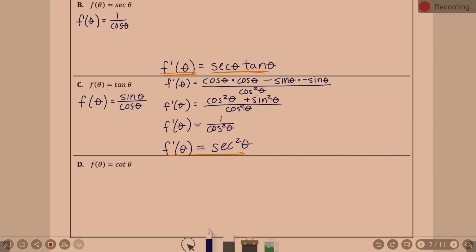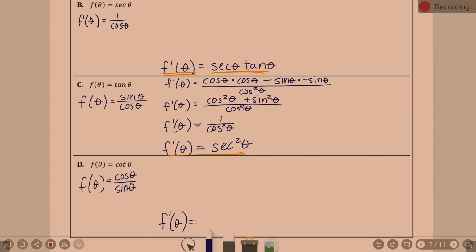Now, if we were going to do cotangent, we would start with cosine over sine. But I'm hoping you guys are okay with me just jumping. You want to take guesses?